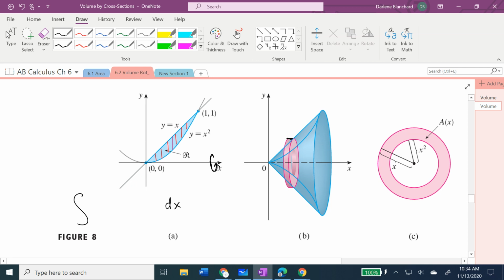That means I need to focus on the x coordinates where the region exists, and that needs to be my lower and my upper bound. And now I focus on the area formula. First, the geometry formula. The geometry formula is pi times a big radius squared minus pi times an inner radius squared.